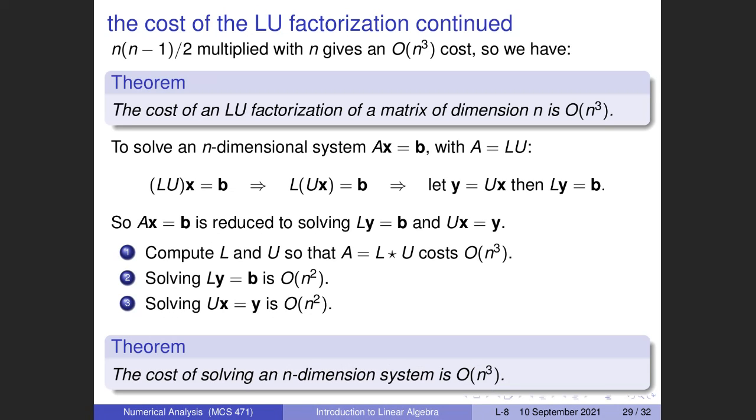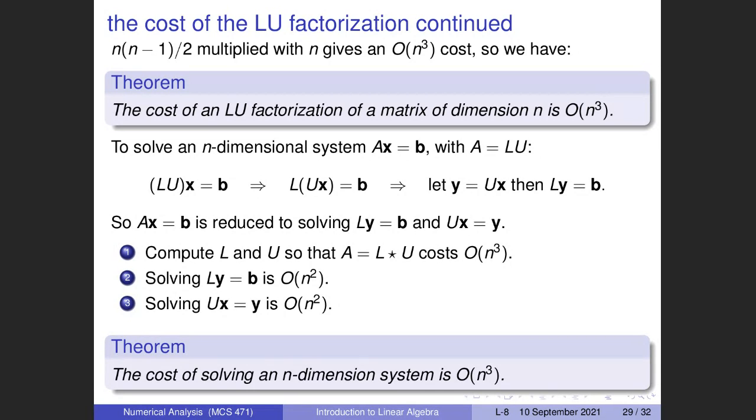All right, I do not want to go over time. Let me summarize the main theoretical results here. The cost of LU factorization is the same as the cost of matrix multiplication.